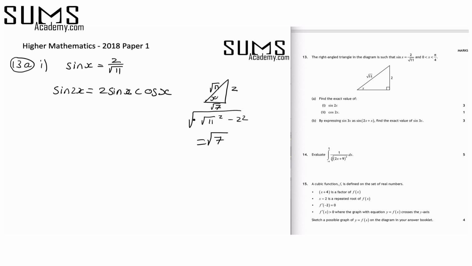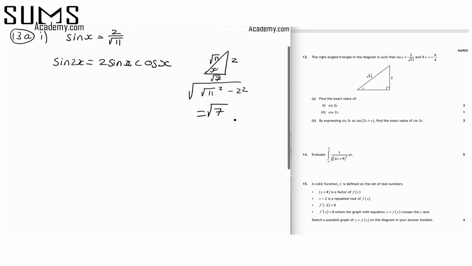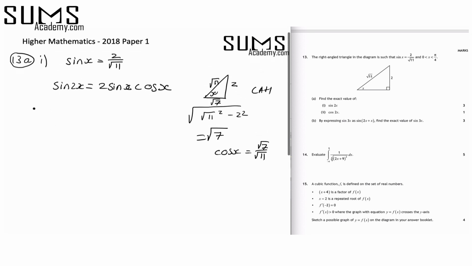So what does that mean cos x is going to be? Well, cos is just adjacent over hypotenuse, so cos x is going to be equal to root 7 over root 11. Now we can just substitute all these values back in.